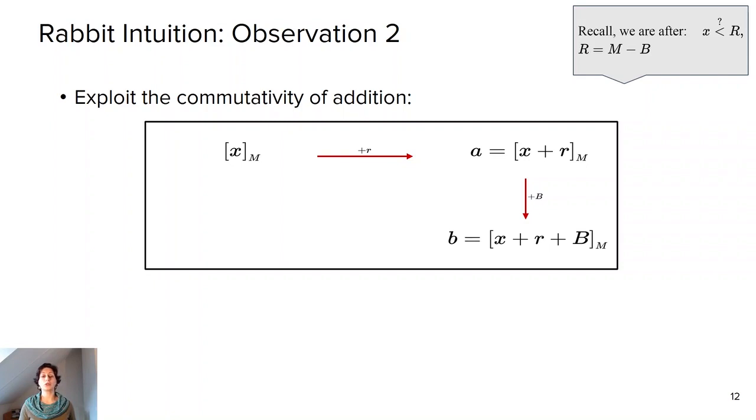So I could also first compute the value C by adding capital B to my secret x. That would result in a secret value C. And then I can add the randomness to end up with the same value b.